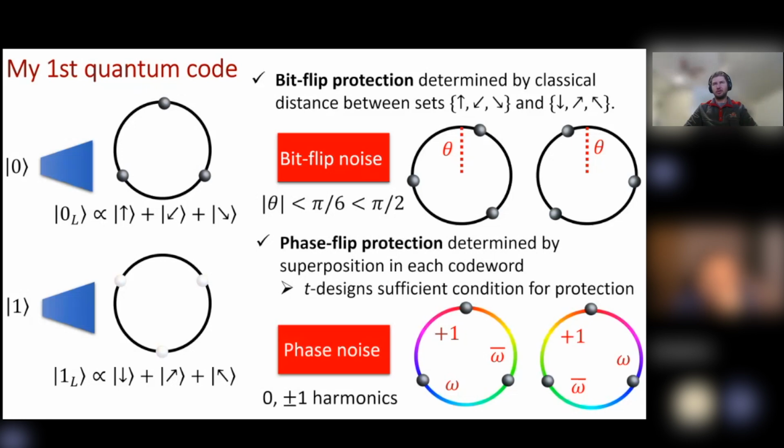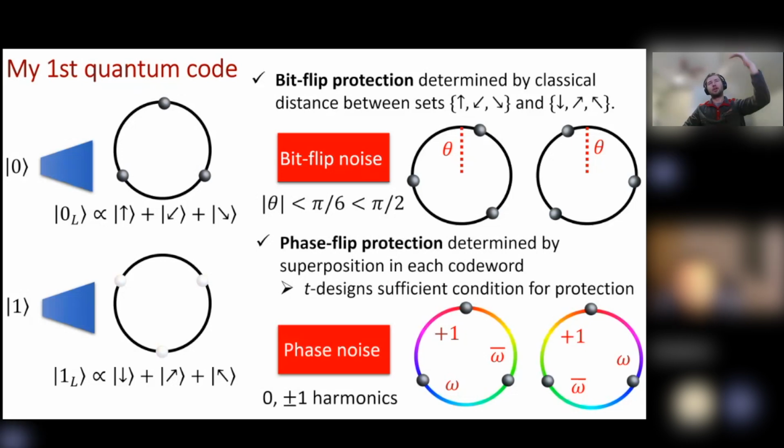For those of you who know what a unitary T-design is, I'll mention here that T-designs can be defined in other spaces. Designs are those whose average gives you the same as the average over the entire space of some polynomials up to some degree T. It turns out that this is relevant for the phase noise because if the points that you use to construct the code, namely the black and white balls, form a T-design, then you're automatically protected against the leading Tth order phase errors.